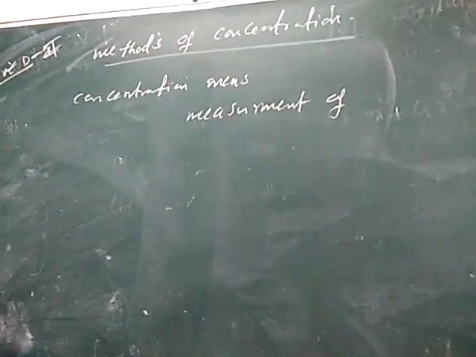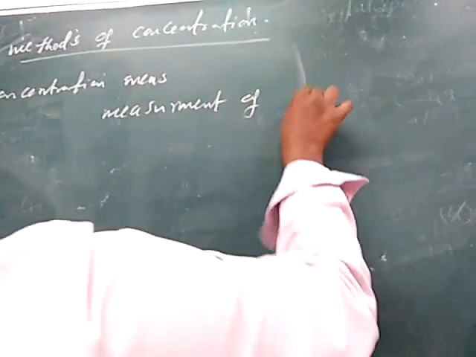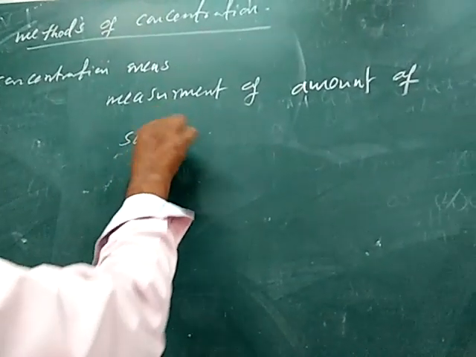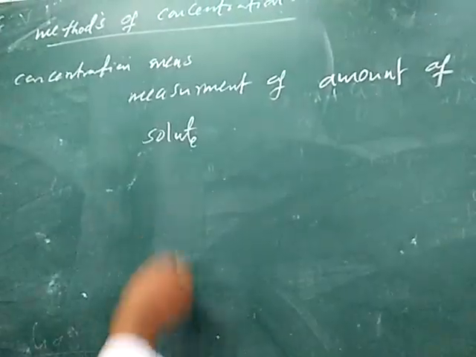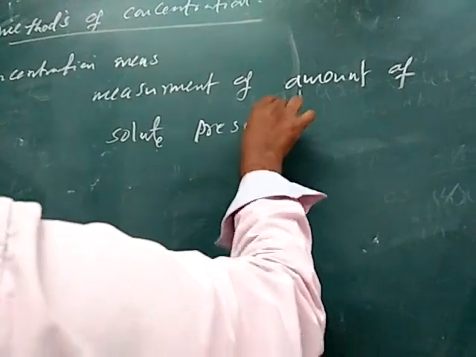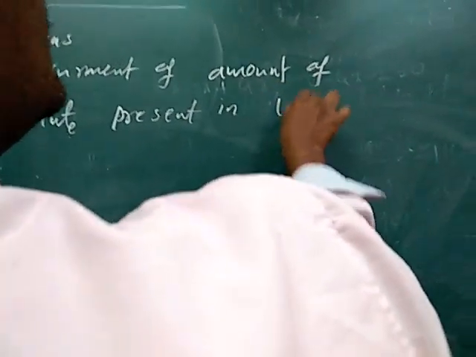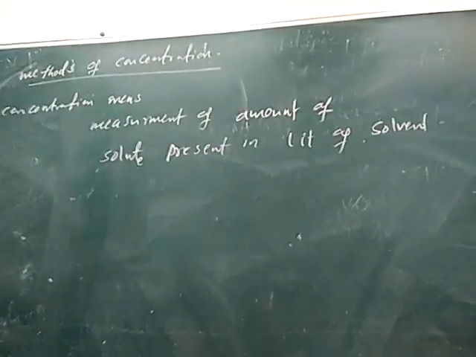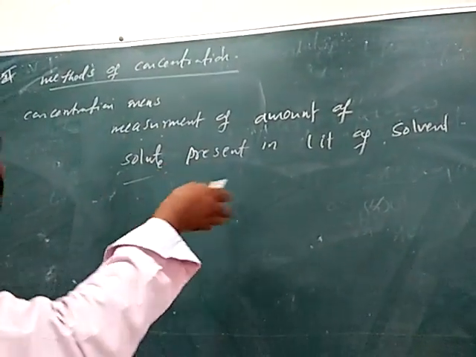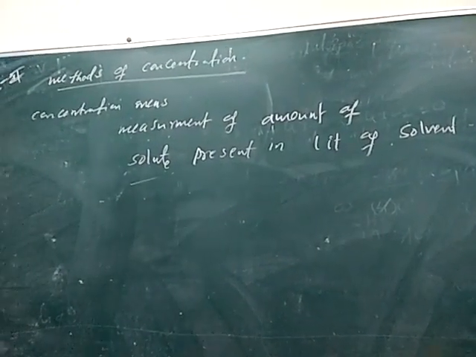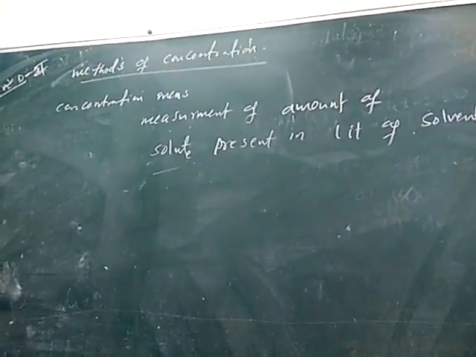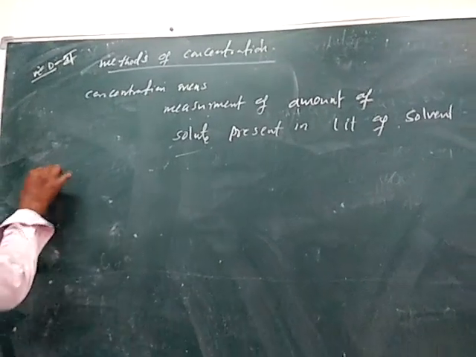That means measurement of the amount of solute, here nothing but solid solute, present in 1 liter of solvent. So how much solute is present in the given volume of solvent is called the concentration. So there are methods of concentration.